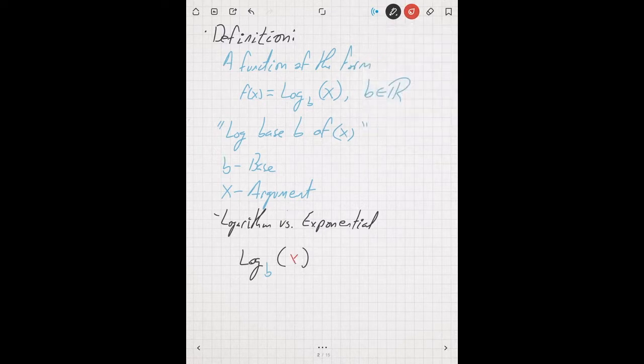I'll put that in red. This logarithm will hopefully equal some number, we'll call it y. Okay? The exponential is the inverse of the logarithm. Logarithmic functions and exponential functions are in fact inverses of each other.